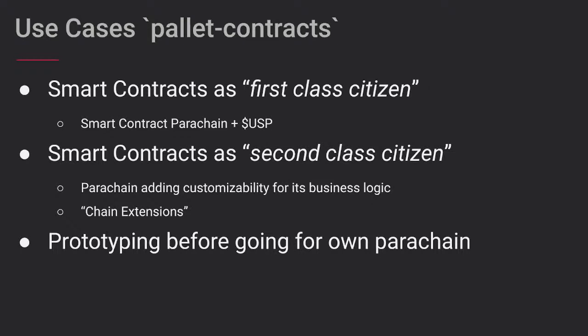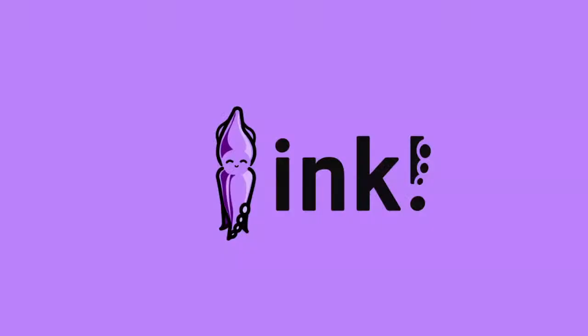You can then take your Rust-based smart contract later on, use all the already implemented business logic, and convert it into its own parachain. So definitely Ink smart contracts are a good way to get started with Rust blockchain development on Polkadot. Okay, I did talk quite a bit about the contracts pallet, the WebAssembly runtime for Substrate.